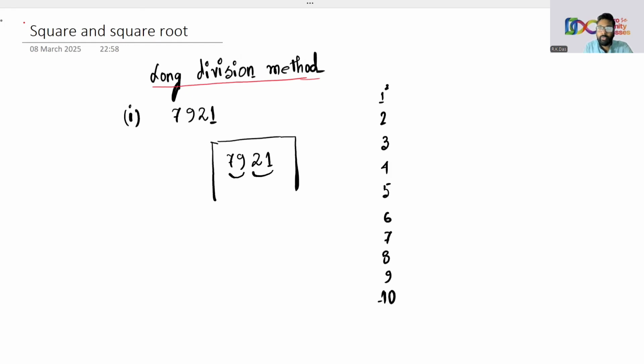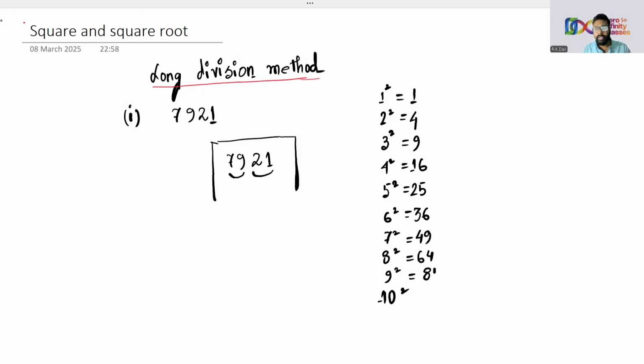One thing is that we have to memorize the squares from 1 to 10. 1 square is 1, 2 square is 4, 3 square 9, 4 square 16, 5 square 25, 6 square 36, then 7 square 49, 8 square 64, 9 square 81, and 10 square is 100.